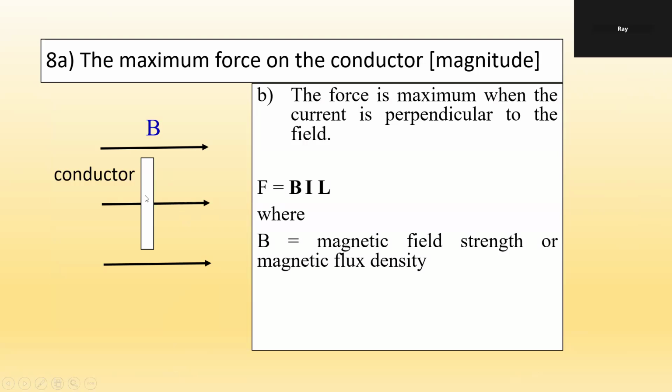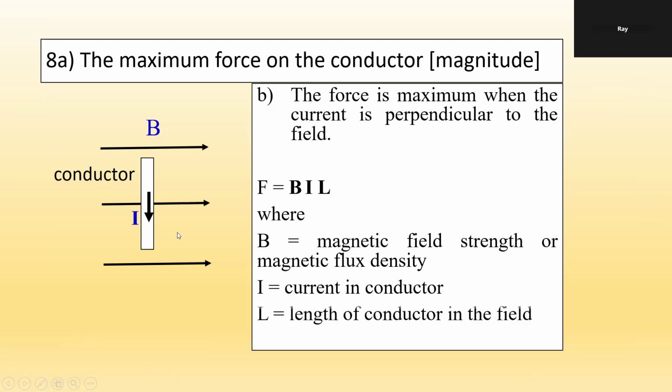I is the current in the conductor, and L is the length of conductor in the field. Just to review, since you have studied this in O level, where is the direction of the force? We will come into it later on, just to test whether you can still remember.